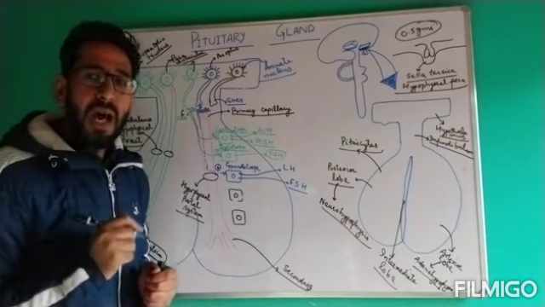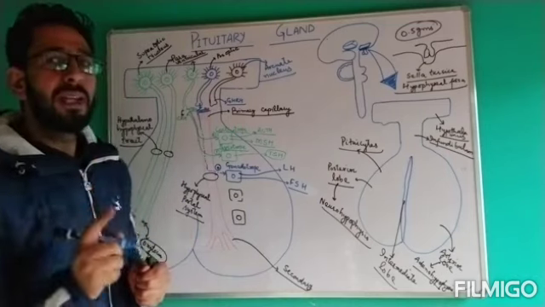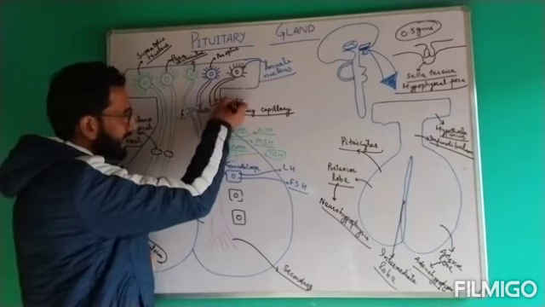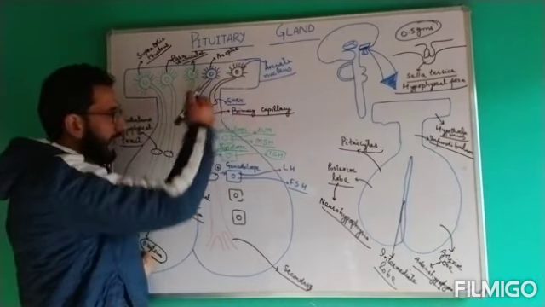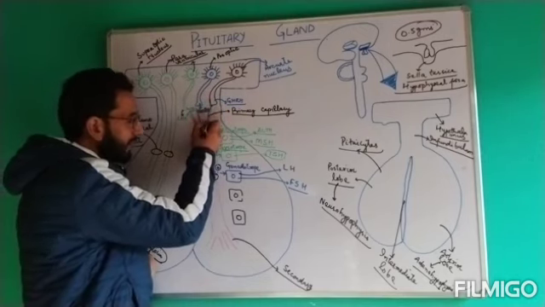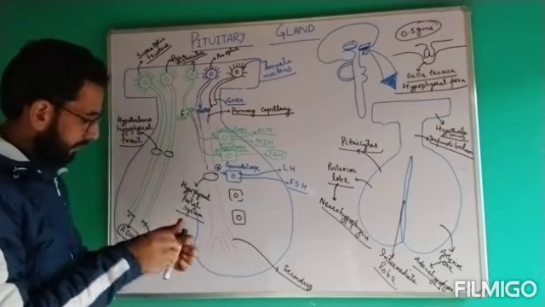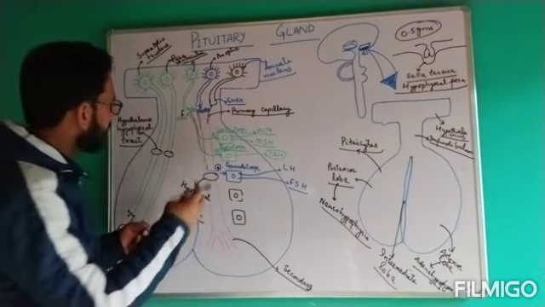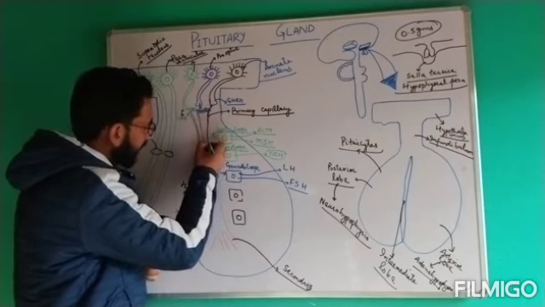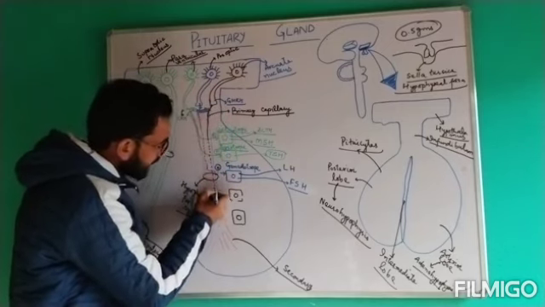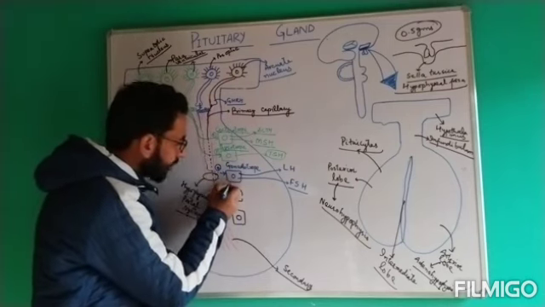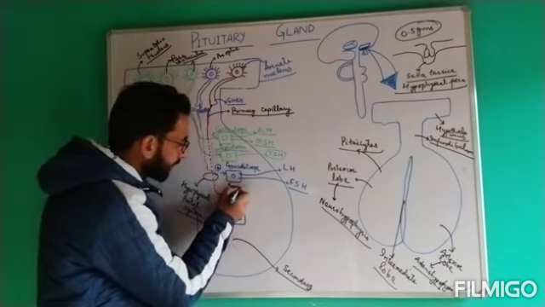Once it is secreted by the arcuate nucleus into the hypophyseal portal system, it comes down and stimulates this cell right here, which is called the somatotrope.